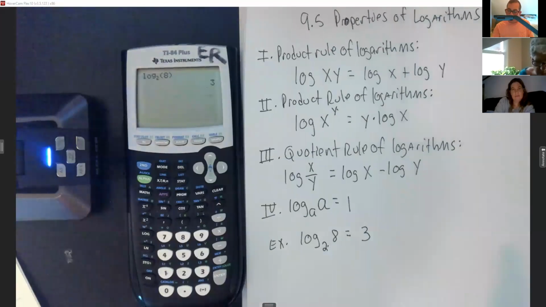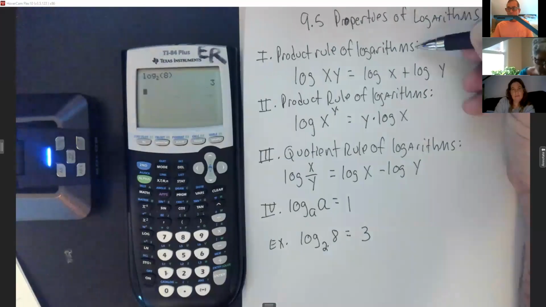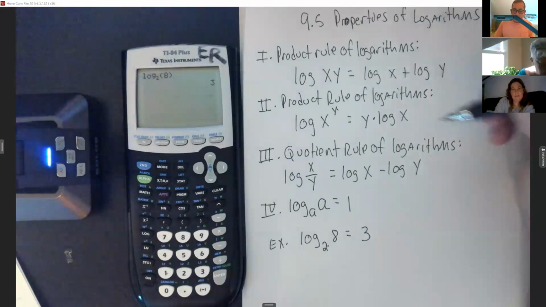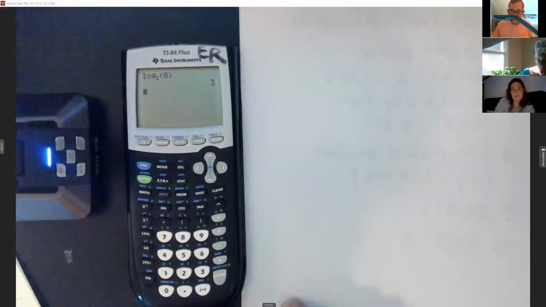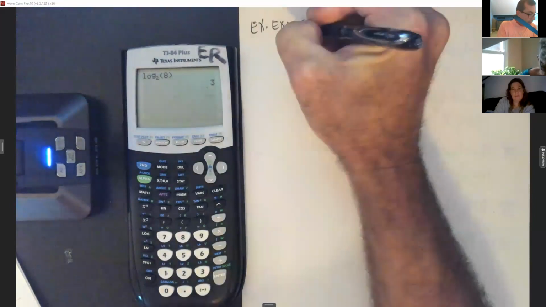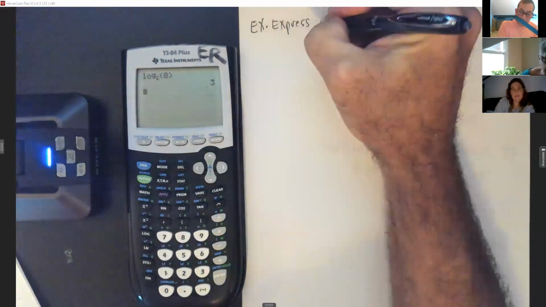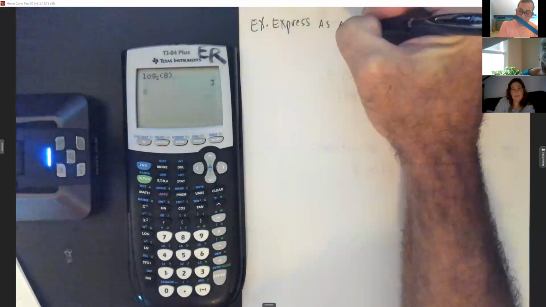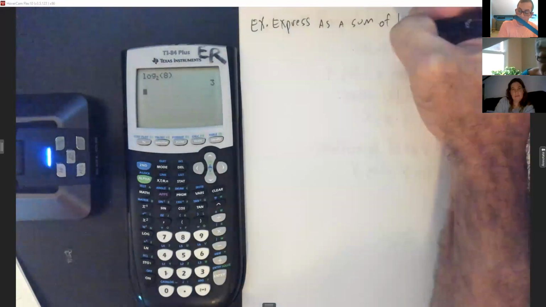So let me work problems dealing with these properties and show y'all what they're going to hit us with. So my first example, I'm going to express as a sum of logarithms.